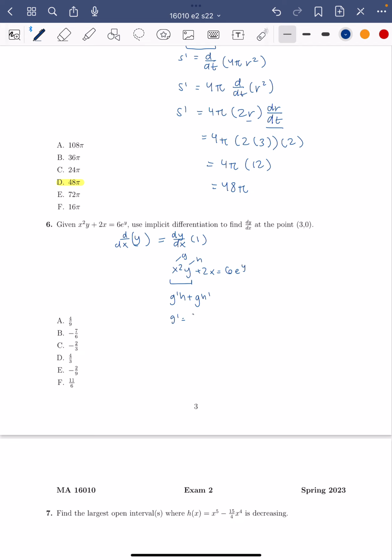G prime equals the derivative with respect to x of x squared, which is 2x, and then h prime equals the derivative of y with respect to x, which from earlier up here we can see is just dy over dx. Now, I'm going to move this to the side a little bit so it doesn't get in the way.